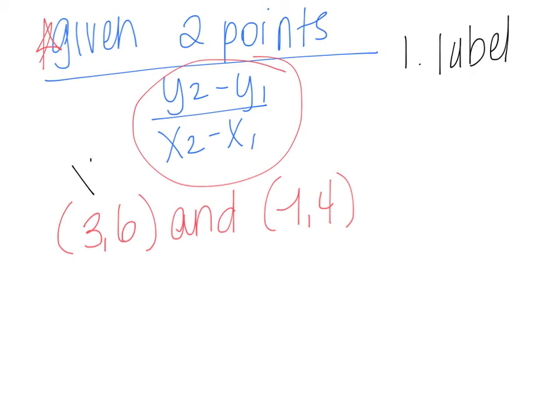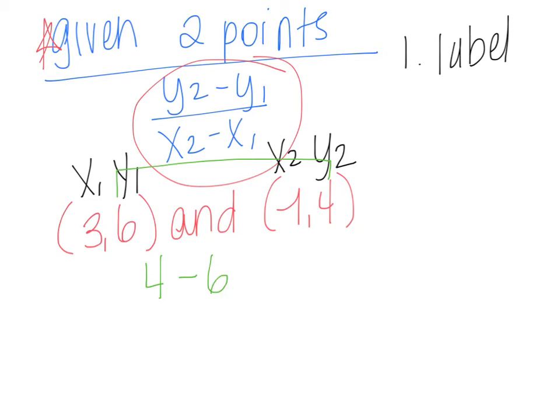So I'm going to go x1, y1, x2, y2. Now I'm just going to plug those numbers into the formula. So instead of saying y2, I'm going to say 4 minus 6 in my numerator. My denominators are x's, so I'm going to do negative 1 minus 3.